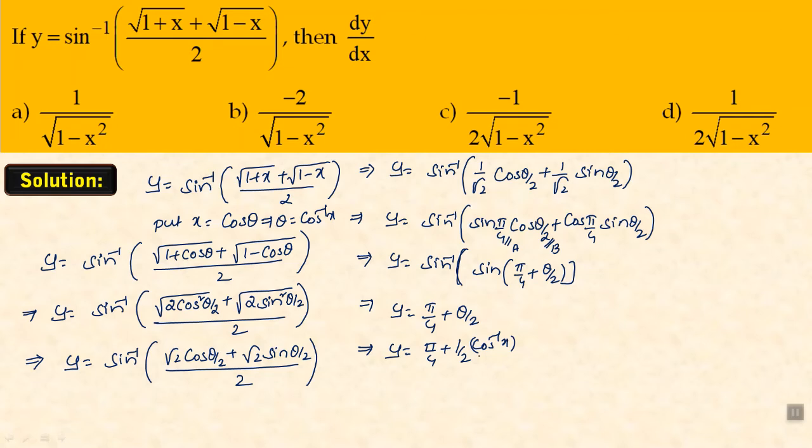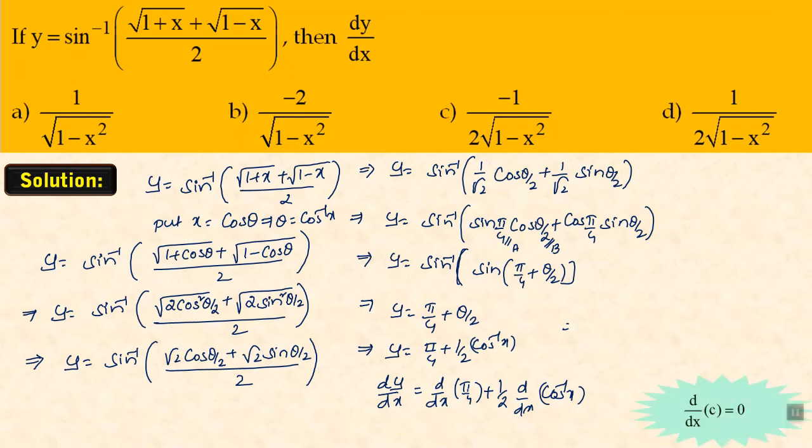Now differentiating with respect to x on both sides, we get dy by dx is equals to d by dx of pi by 4 plus 1 by 2 into d by dx of cos inverse x, that equals to d by dx of pi by 4. Here pi by 4 is constant.